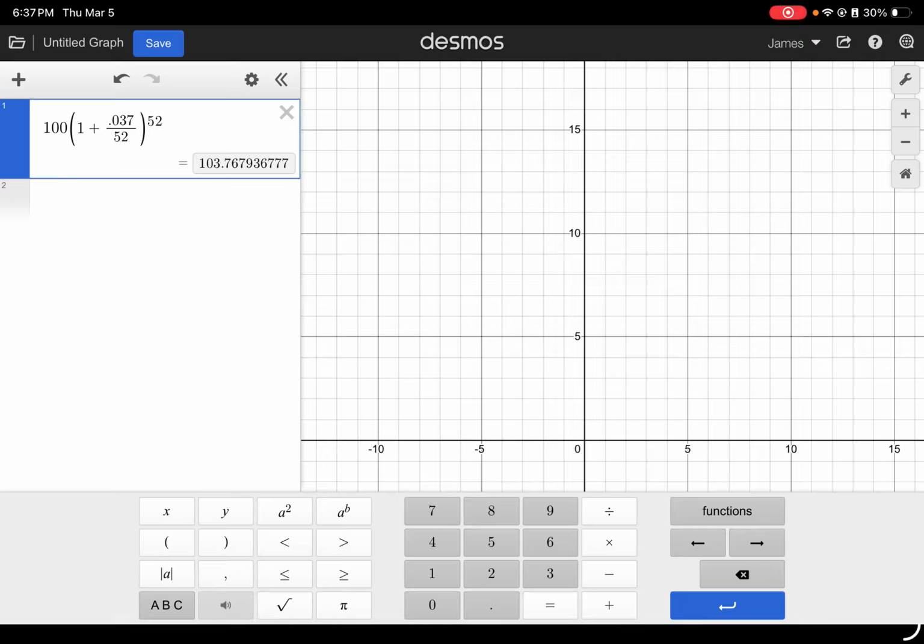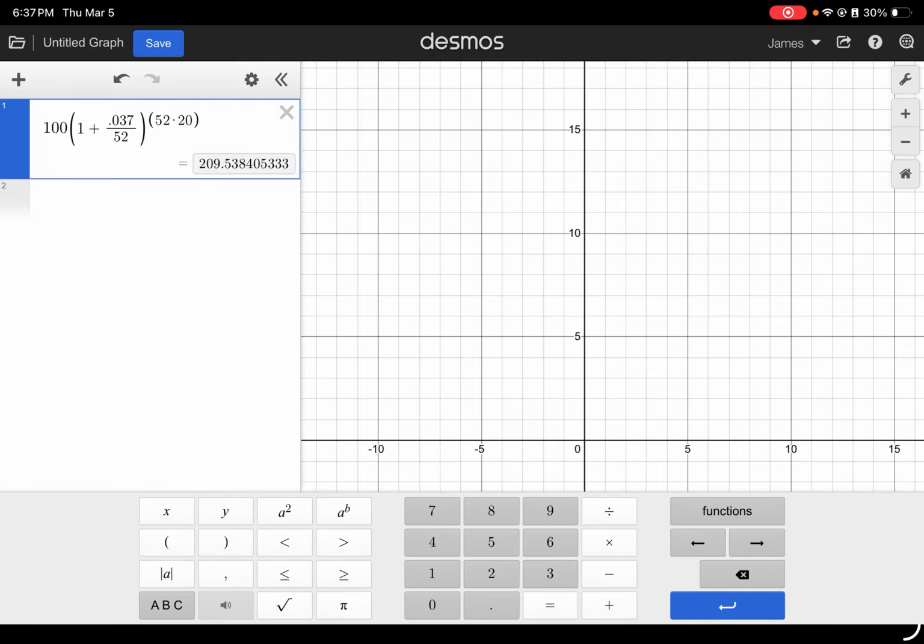I need to fix that. That's going to be 52 times 20. You know what? I think I need parentheses. 52 times 20. Okay. And there you go.